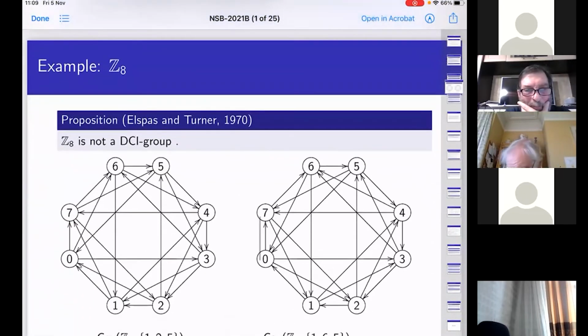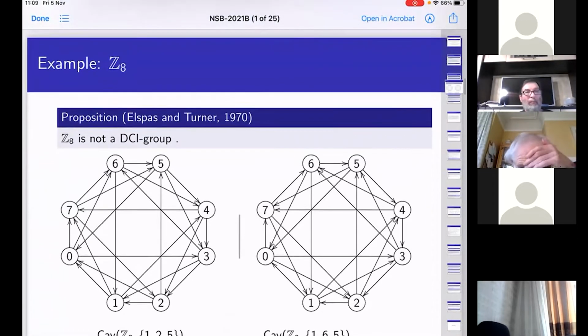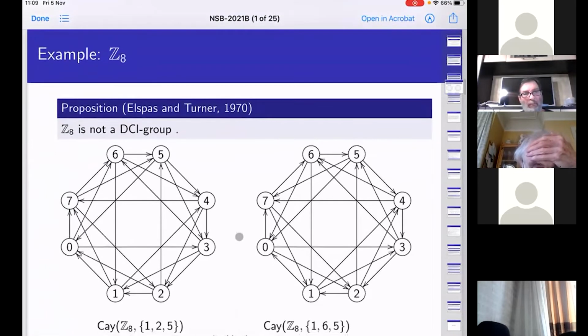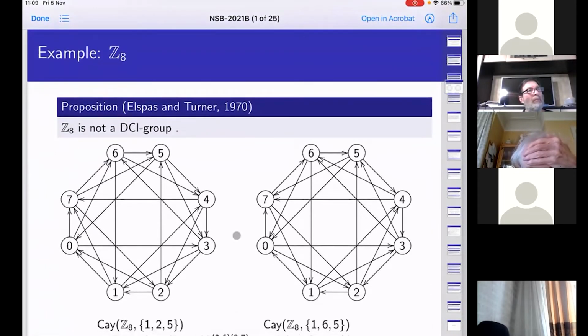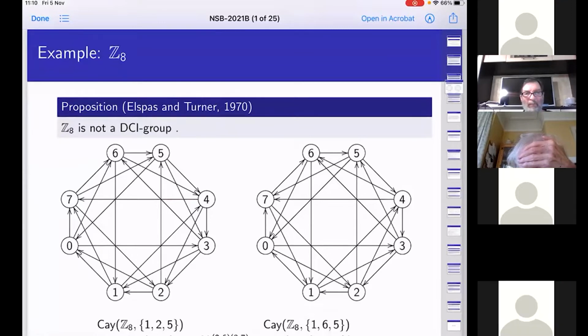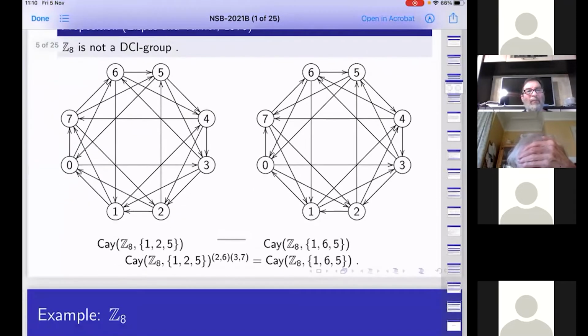So I take a group Z8, the cyclic group of order 8, and I take 2 Cayley digraphs over this group. You can easily check that they are not Cayley isomorphic because you have only 4 automorphisms of the group Z8, and none of them maps the first connection set to another one, but they are isomorphic, and the isomorphism is given by this permutation.